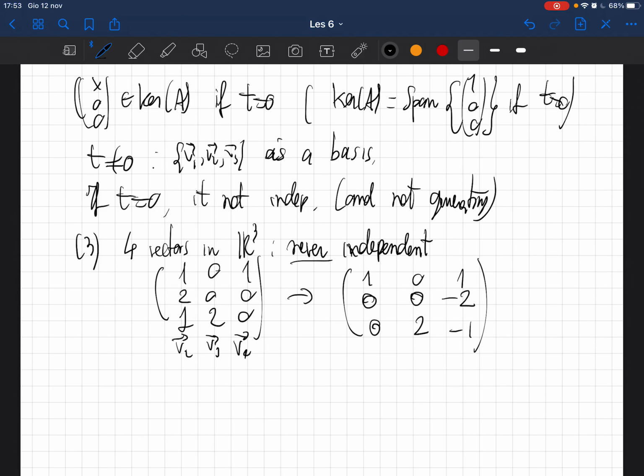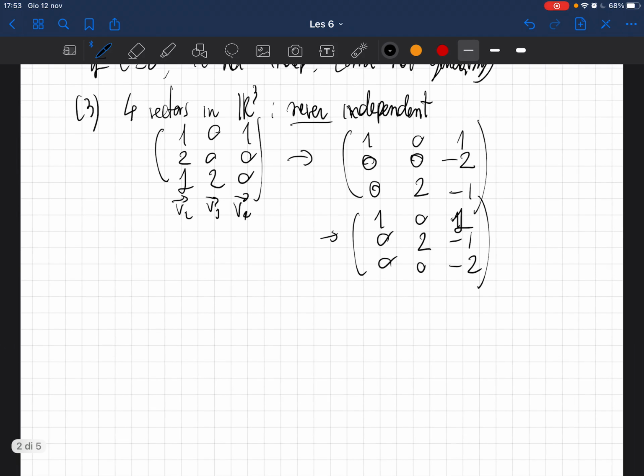Fine. You can exchange, if you want, the second and the third: 0, 2, minus 1, 0, 0, minus 2. Well, it looks like we got a matrix. It's easy now if you look at the system associated to this.